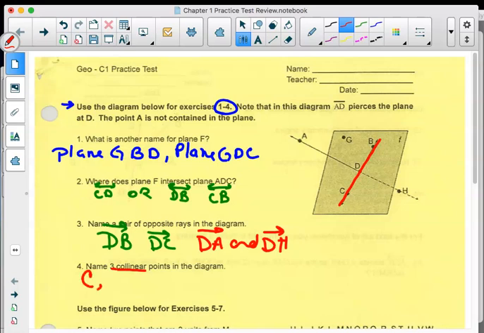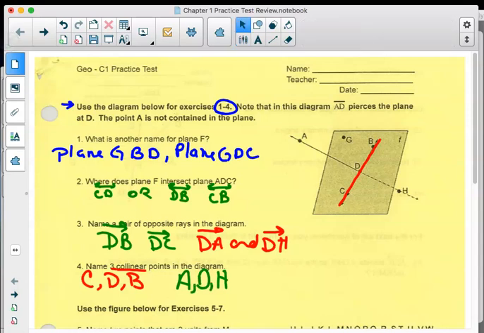So C, D, B are 3 collinear points in that diagram. They lie on the same line. I could have also said A, D, H. They are also points on the same line, and I want to make sure it's clear that this is not a segment or anything. They are just 3 points that are put across there.